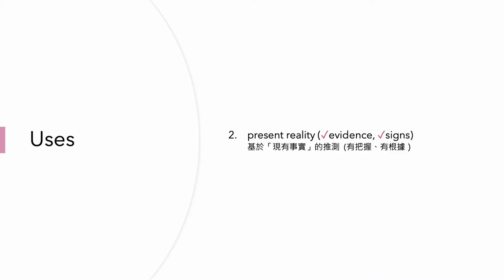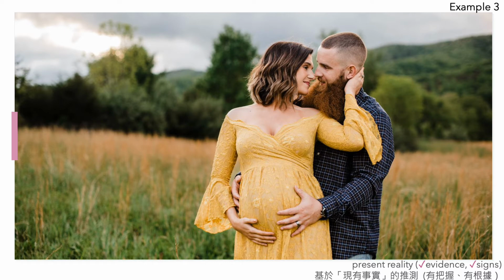Second use is about the present reality. So in the present reality, you can see some signs or evidence that something is coming, something is going to happen. Example: look at this pregnant woman. She is expecting a baby, and her husband has a thought.